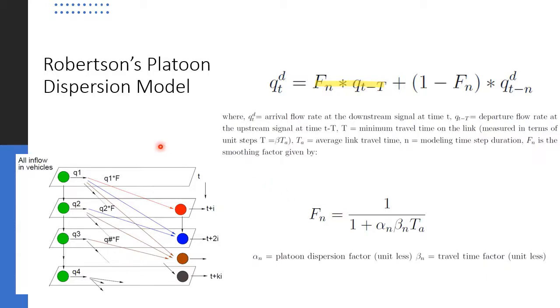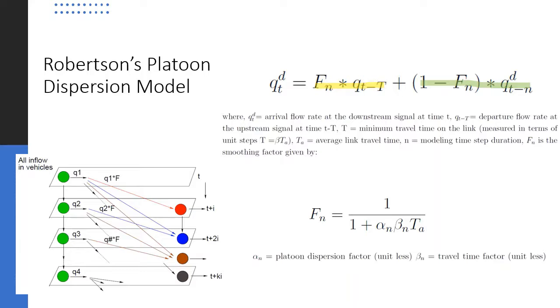So this is the Robertson Platoon dispersion model. It depends upon two things. First, it depends upon the flow that is departing from the upstream intersection, and also upon the predicted flow at the downstream end from the previous time step.